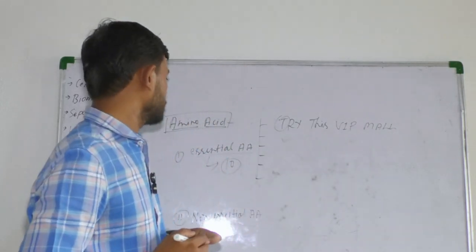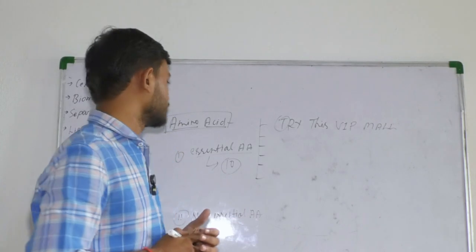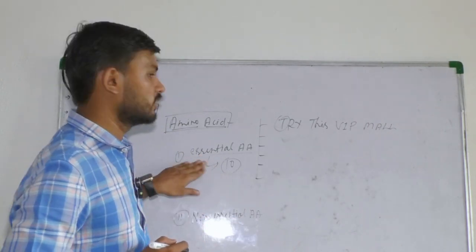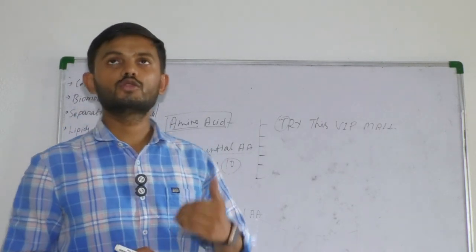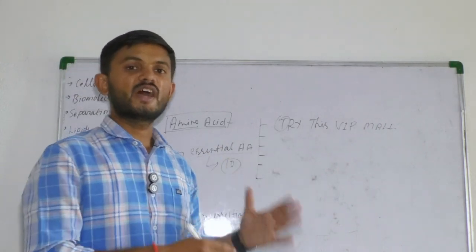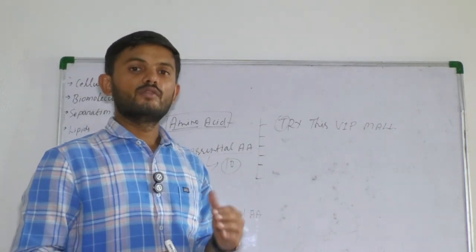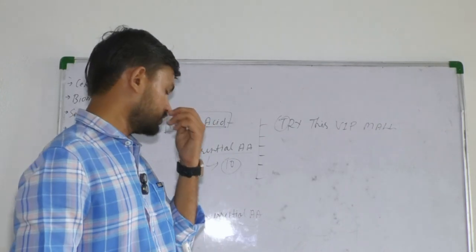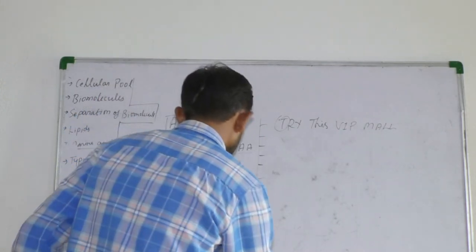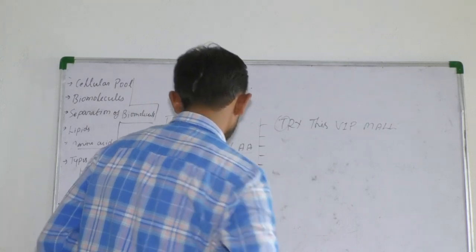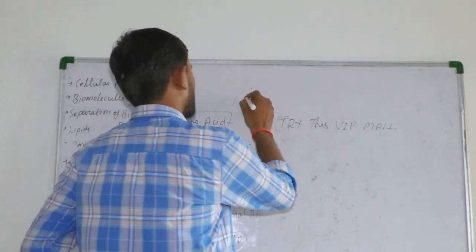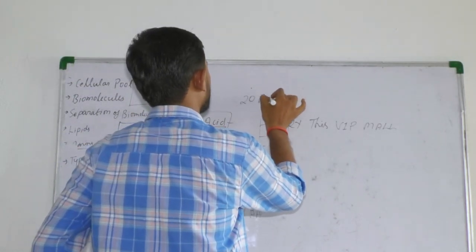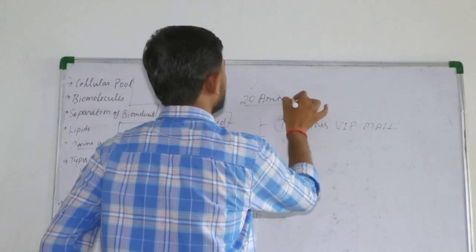These are some essential amino acids. So essential amino acids are of 10 types, and non-essential amino acids are those which are synthesized inside our body, and we do not need to take them from the diet. These also have 10 types. So in our body there are 20 types of amino acids present.